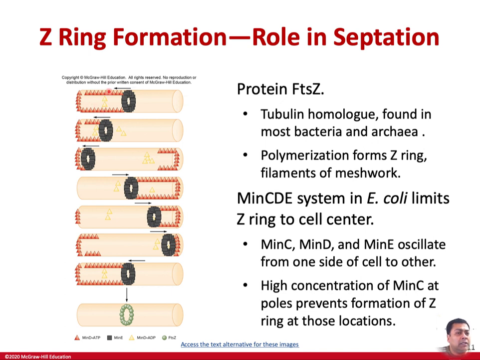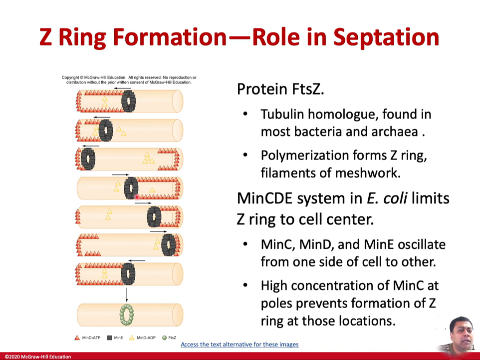So oscillation between each and every pole prevents Z ring formation in the middle of the cell. And why is this important? This is important because before the chromosome gets separated into each of these compartments, if by chance constriction of the Z ring happens, it will slice the chromosome as it is migrating towards the pole.